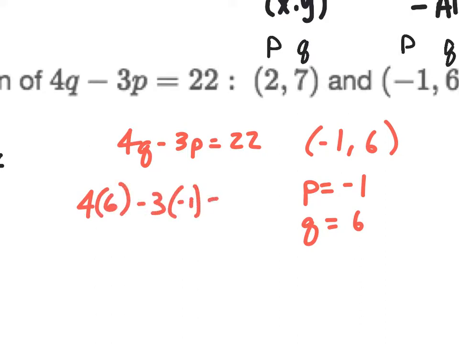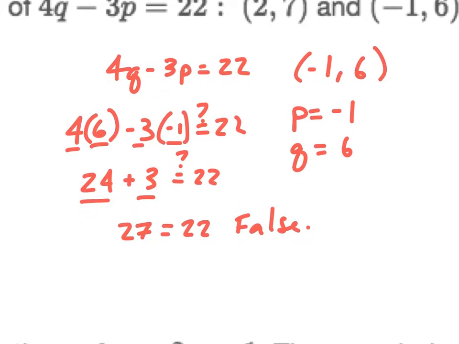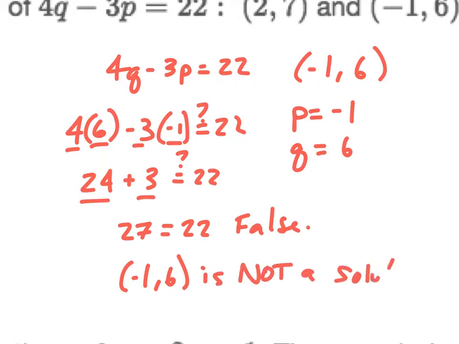And do we get 22 out of this? 4 times 6 is 24, and then negative 3 times negative 1 is actually going to give me a positive 3. Is that going to equal 22? 24 plus 3 is 27, and that is a false statement. 27 is not the same thing as 22. So the point negative 1, 6 is not a solution.